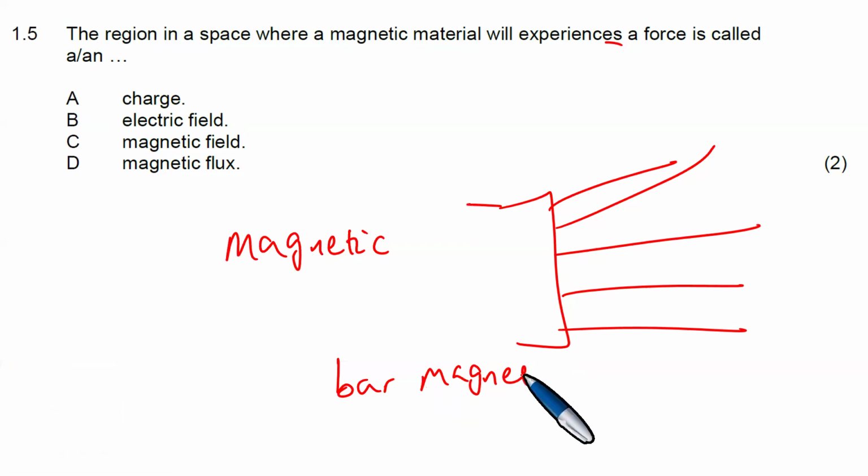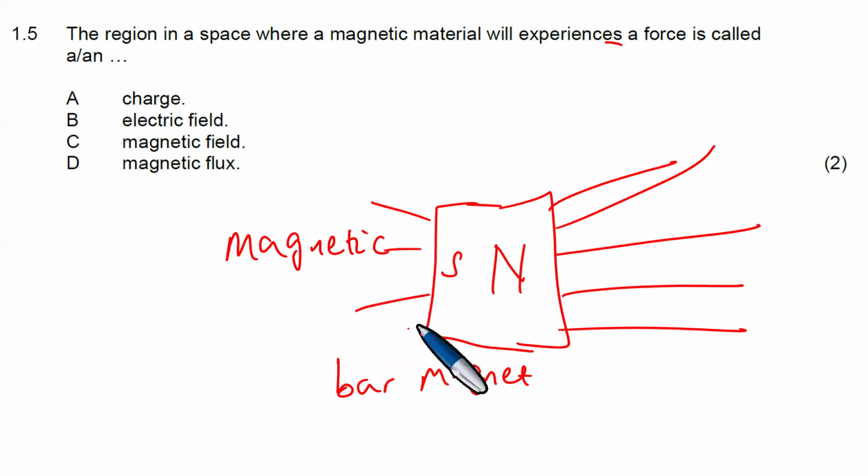So you can have a charge on it. For instance, it could be the north pole of the bar magnet, or you can have the south pole of the bar magnet. Right. So what do you have here, for example? This one in the north, where do the arrows go?